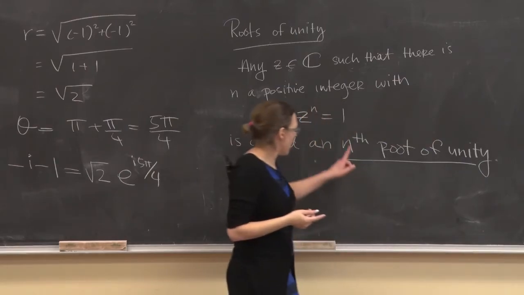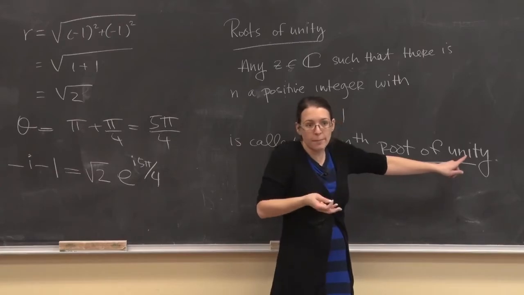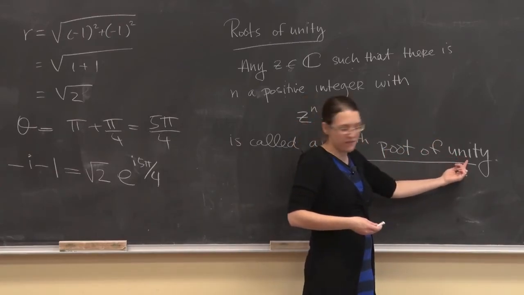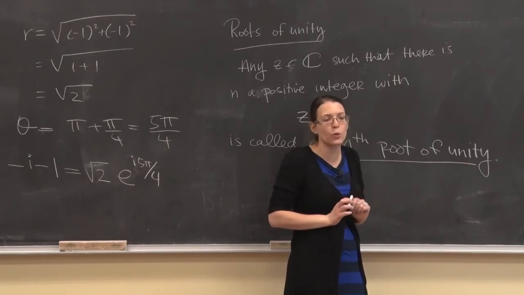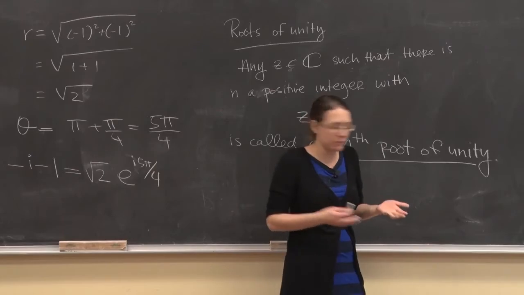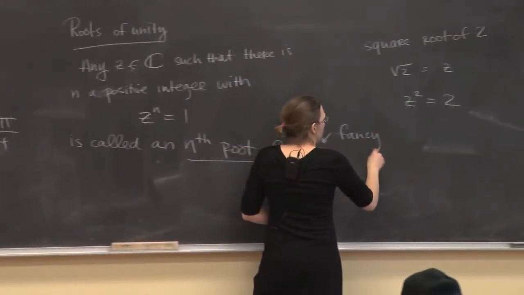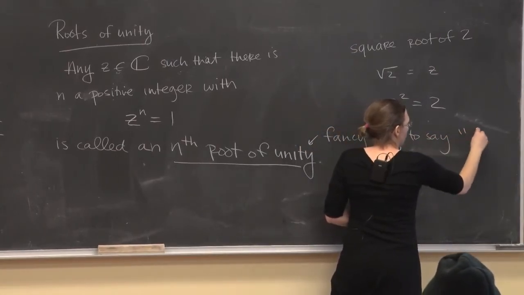So a second root of 2 is a number that when I square it, I get 2. The only fancy thing is that instead of saying a square root of 1, we say square root of unity. So unity is a fancy way to say 1.